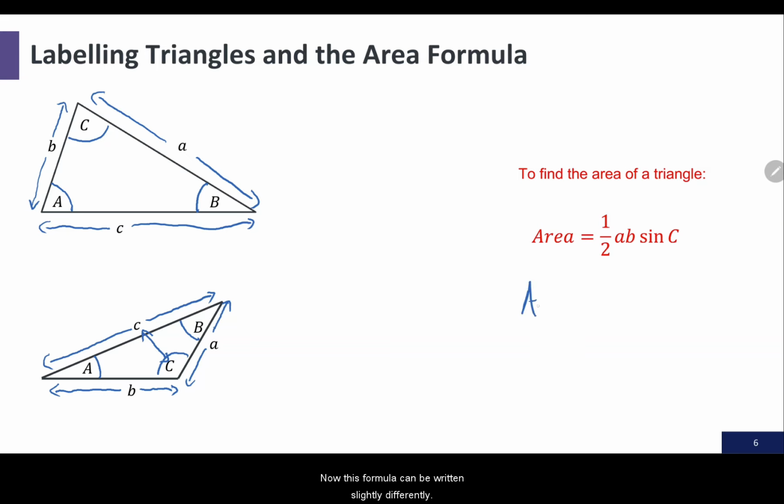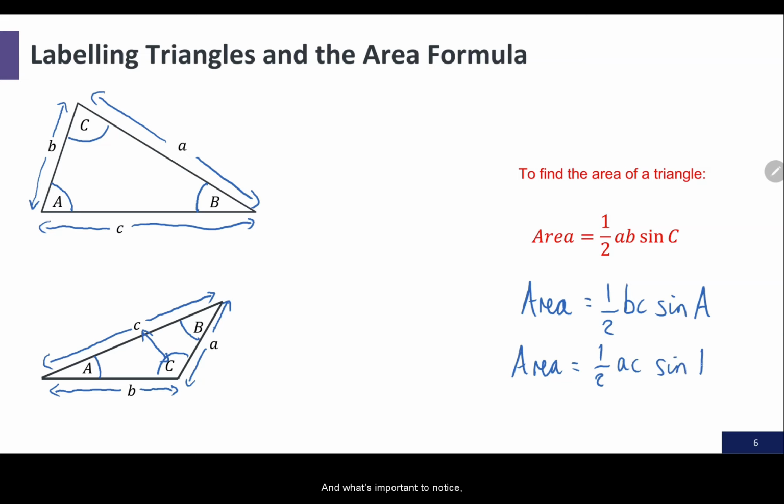Now this formula can be written slightly differently. It can be written as a half BC sine A, or a half AC sine B. And what's important to notice, if you look at this first formula here, is a half AB sine C. And looking at this problem, that would be AB sine C. So just like the cosine rule, it's two sides and the angle between them.